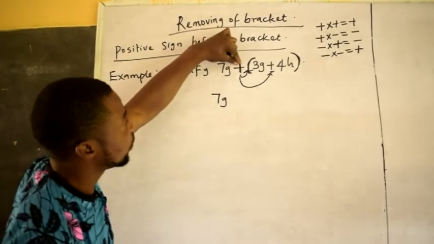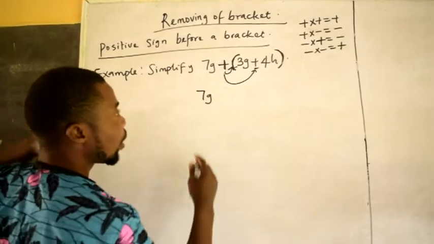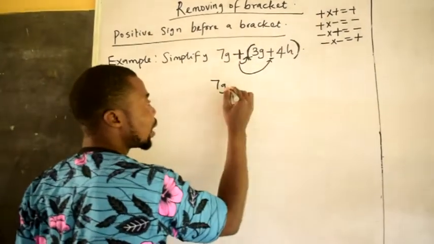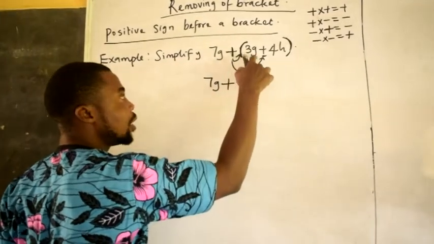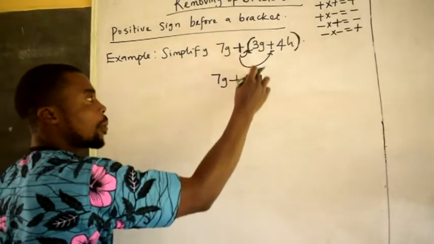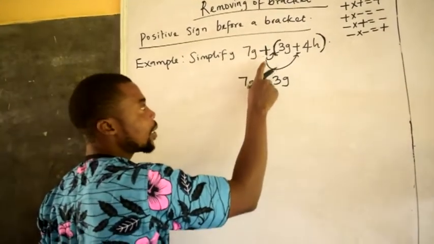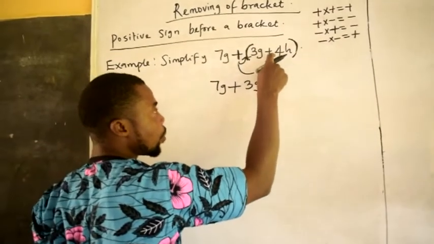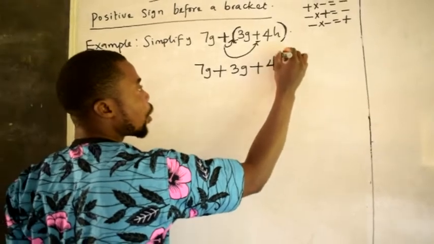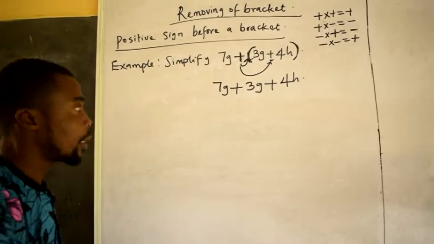This is plus times the invisible plus here, which will give us plus times plus, that is plus 3G. 3G is the number that is here. Then followed by, what is the next sign? Plus times this plus, that is plus 4H. You write the number next. So you have removed the bracket.